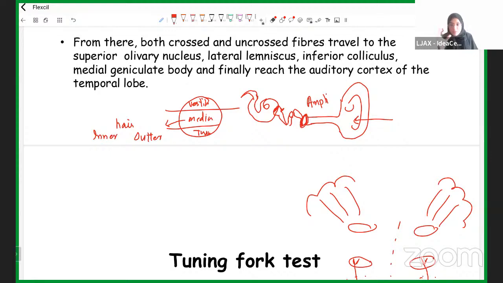These hair cells will stimulate the nerves, and from the nerve, the sound will enter into the spiral ganglion, and from there it will form an auditory pathway. In the auditory pathway, we have first order neuron, second order neuron, and third order neuron. It's a deeper topic, and we'll have it in our next class. And from there, we'll have the trapezoid body, where the nerve fibers will cross and enter the ipsilateral side and the contralateral side in the opposite side.